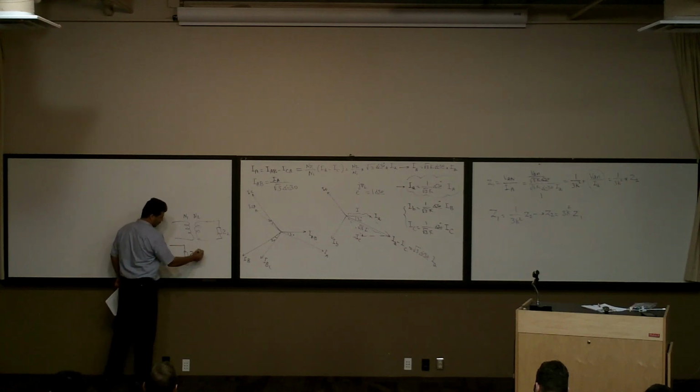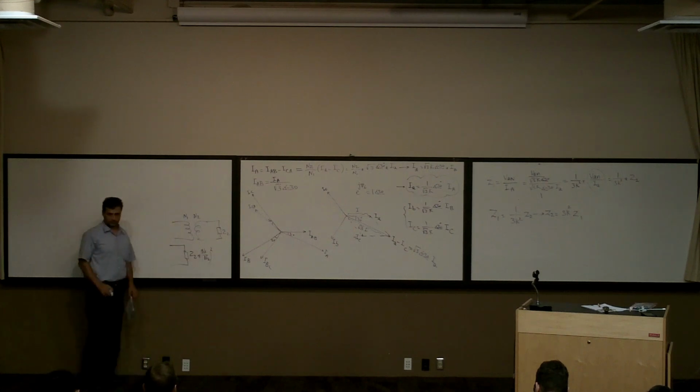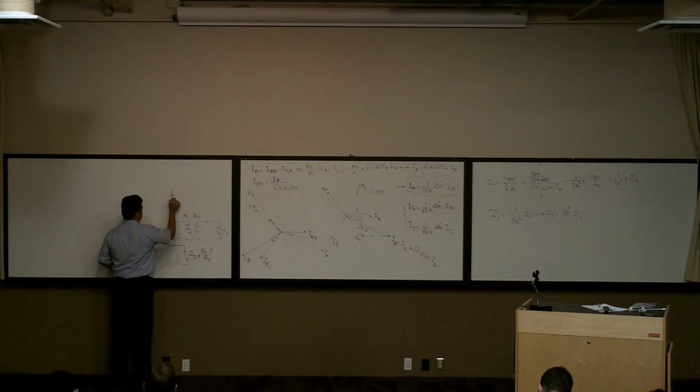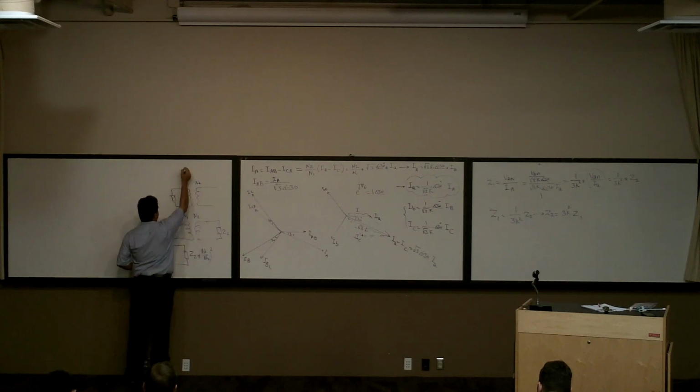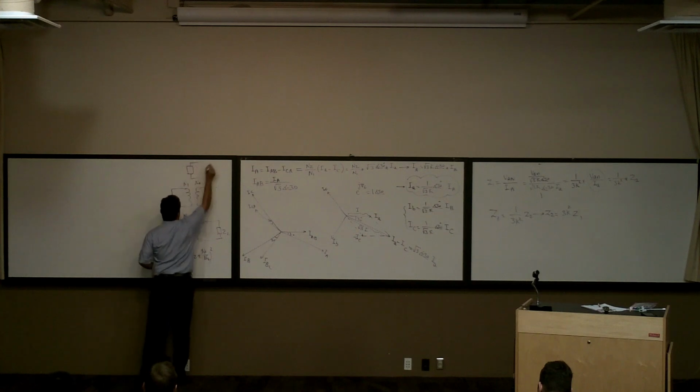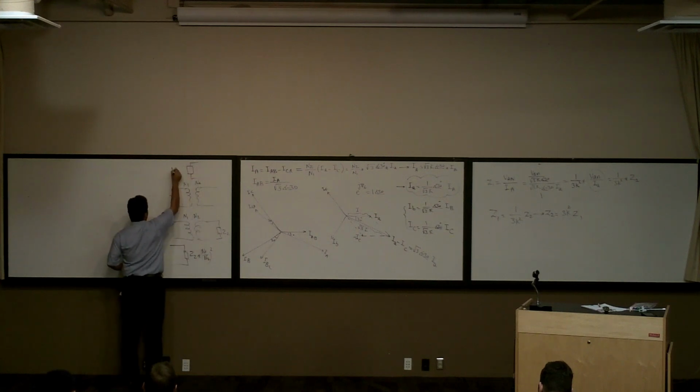V2 times N1 over N2 to the power, right? You can replace this circuit with this circuit, right? If you had it this way, if you want to bring it here, it would be like this. And this one would be N2 over N1, whatever.